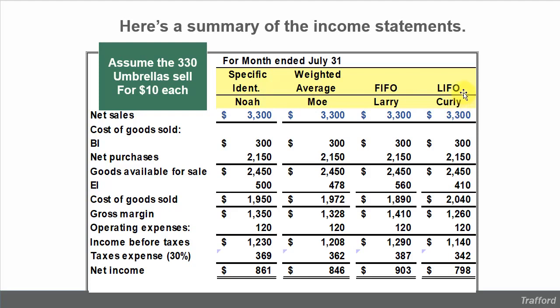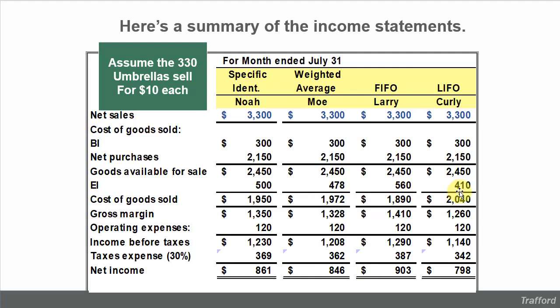And what I want you to recognize, first of all, is that even though they had the exact same economic transactions, they paid the same for their umbrellas, and they sold their umbrellas for the same thing, at the end of the day, they're going to have different financial statements. We can look here. Here's their cost of ending inventory on the balance sheet, and these will agree to the schedules that you built a few moments ago.